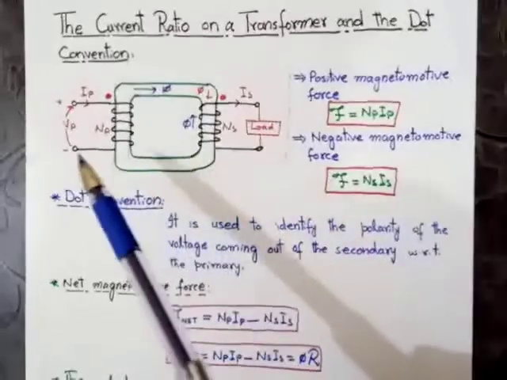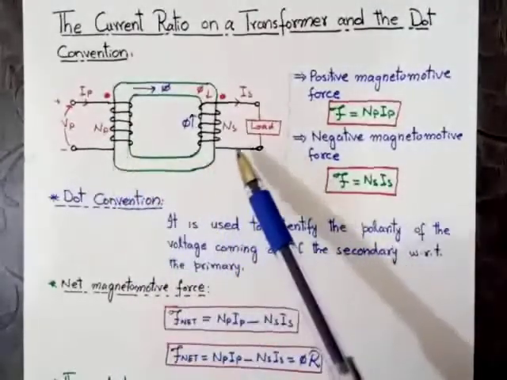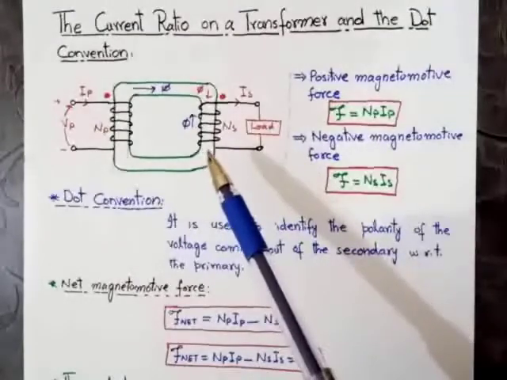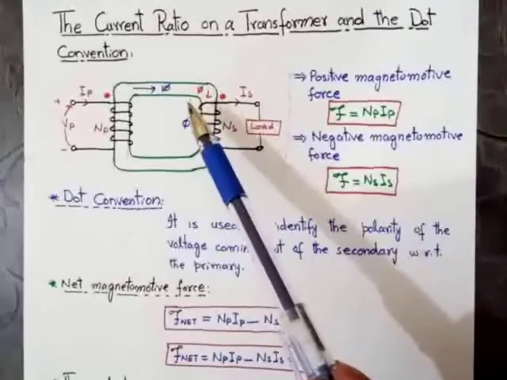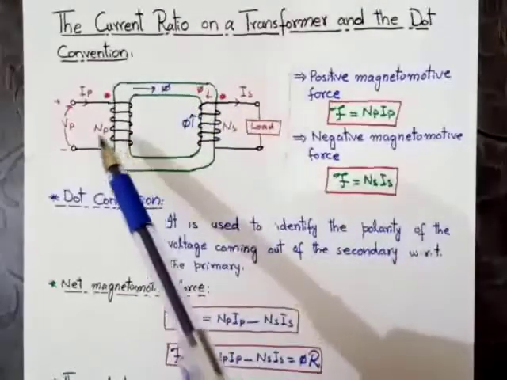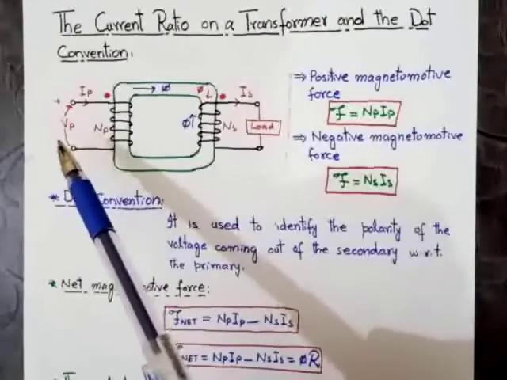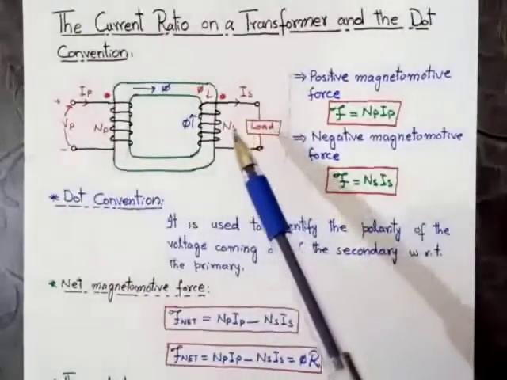This is the primary winding, as we have already discussed many times, this is the secondary winding, and this is the ferromagnetic core. The power source is connected with the primary winding, and the load is connected with the secondary circuit.